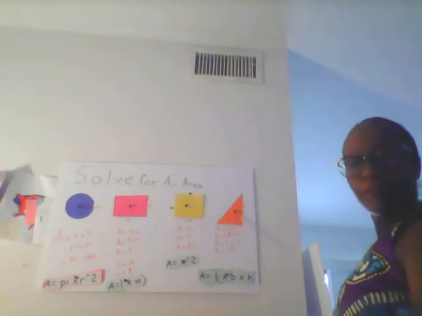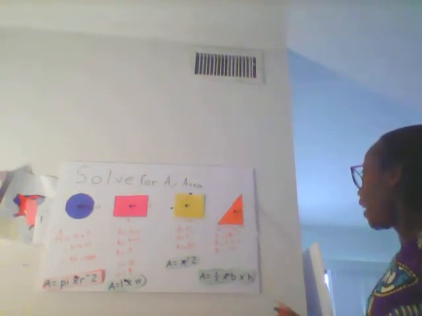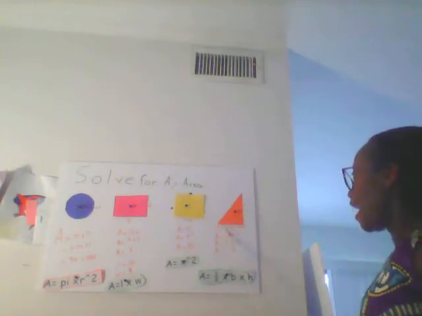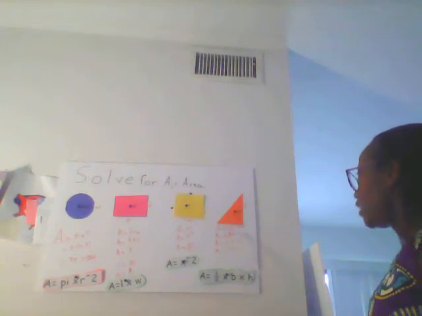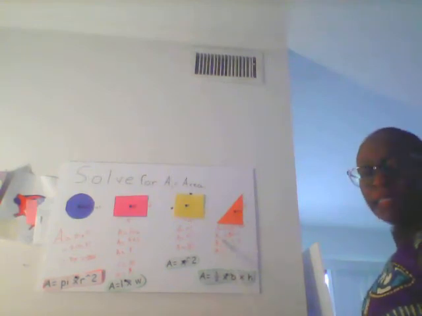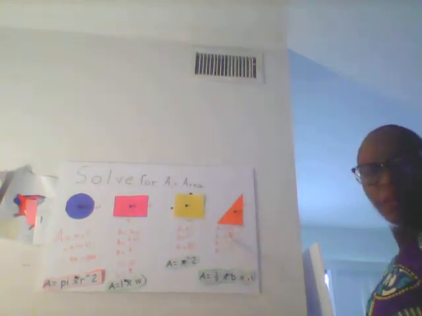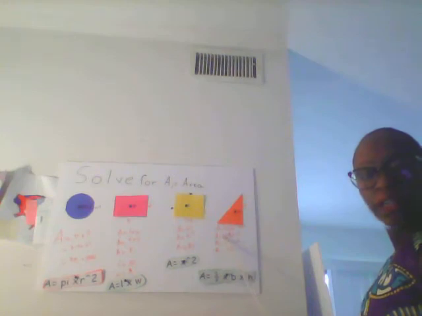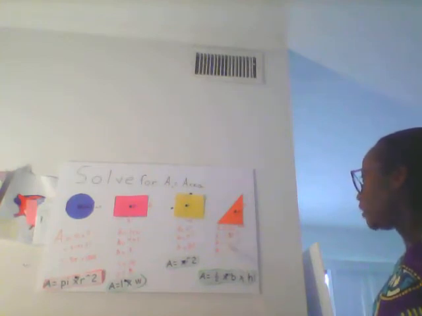All right, triangle. For the triangle, you have the base times the height. When you take 1/2 the base times the height, we determine the area of a triangle. You plug in the numbers, 10 times 15. I try to get an even number, since 2 goes in, so you divide by 2: 5 times 15 equals 75.